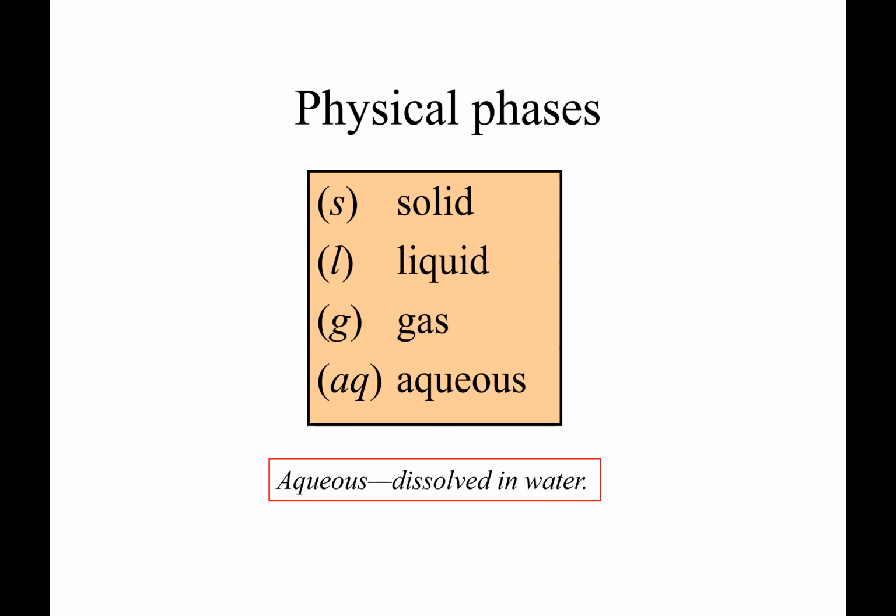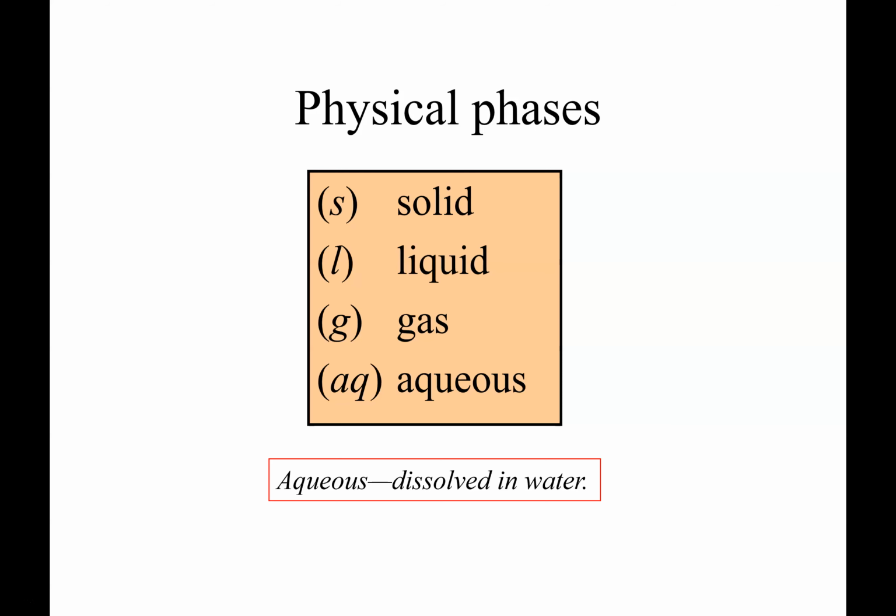So these are the little abbreviations you might see next to a reactant or product. These abbreviations will be in parentheses, to the right of the species, the reactant or the product that we're talking about. If you see AQ, that means dissolved in water.